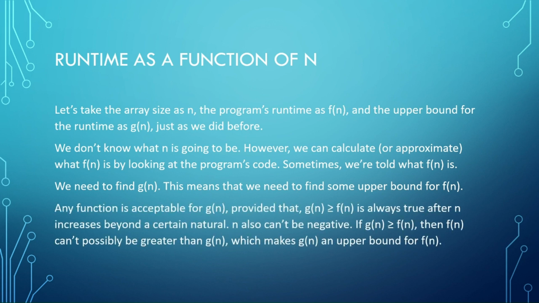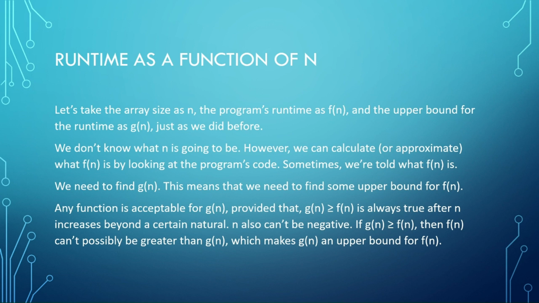Any function, as we might remember from the lectures, is acceptable for g of n, provided that g of n is greater than or equal to f of n, is always true after n increases beyond a certain natural.